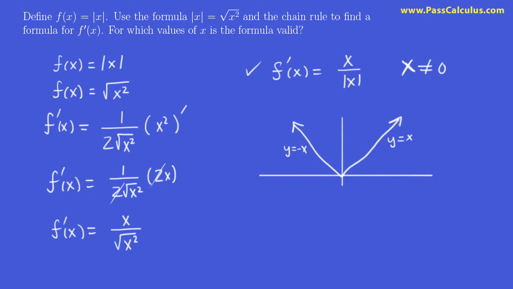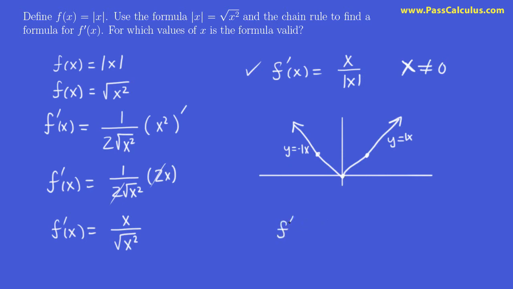You know the slope of any point on here is equal to 1. This is like 1x, and this is like negative 1x. So the slope over here of any point is 1. The slope of any point here of the tangent line is negative 1. And at 0, the derivative is undefined, right?